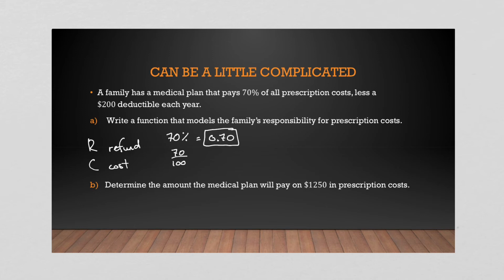So that means your y-intercept, when you're at 0, you're still paying, so negative 200. So this isn't easy information to come up with, but we've got to work our way through. So that means we can write an equation, y equals 0.70x minus 200, but let's put our variables in here properly. The amount of refund is equal to 70% of the cost minus the deductible. So let's see this in action then.